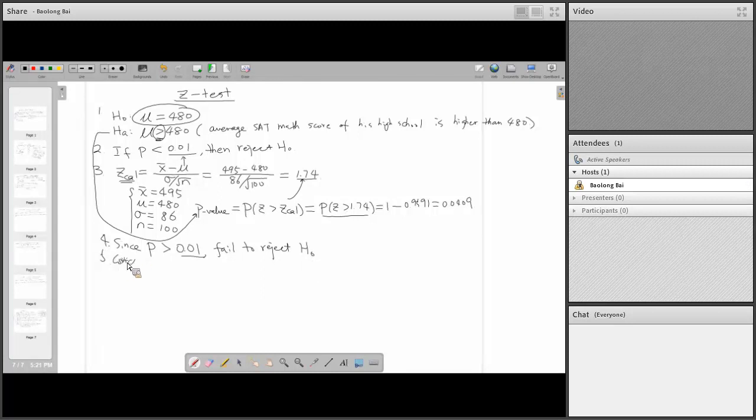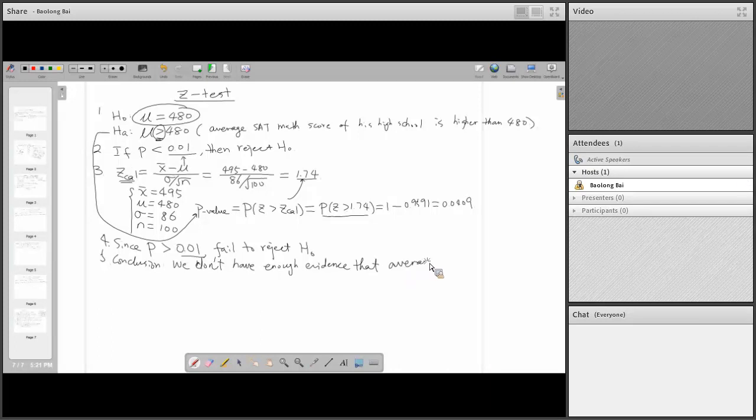And the last step, conclusion. So we say we don't have enough evidence since we didn't reject the null, and then bring the alternative hypothesis down here, right?